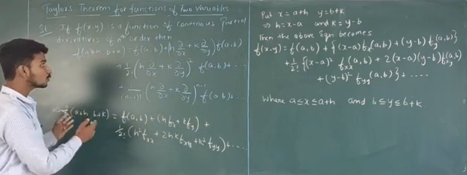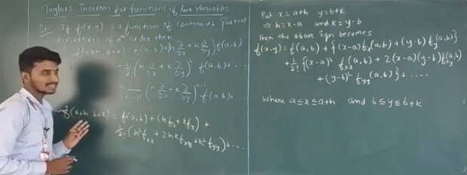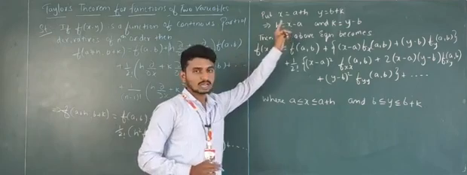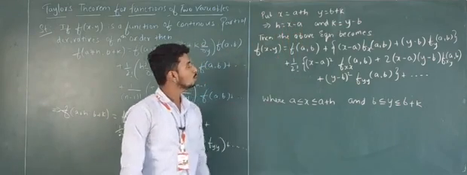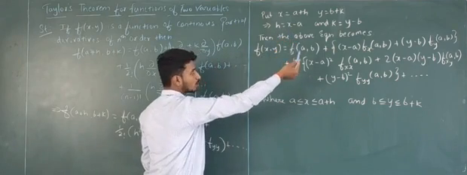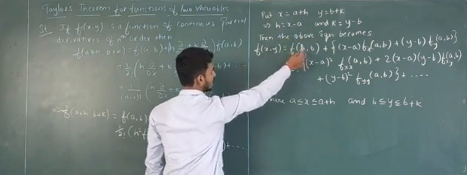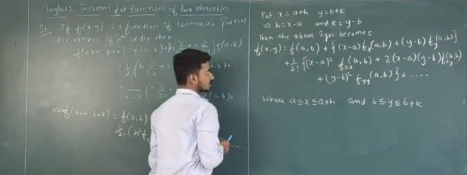In this equation we will put x equal to a plus h and y equal to b plus k. Then h will be x minus a and k will be y minus b.